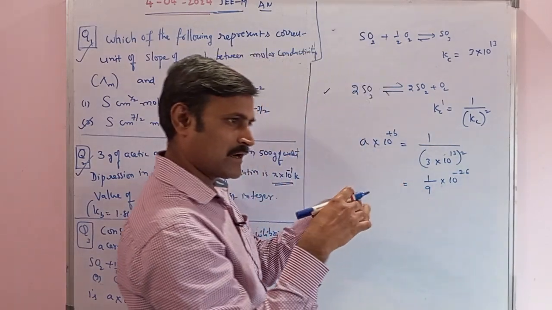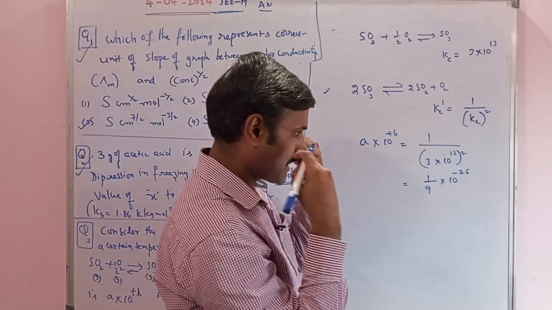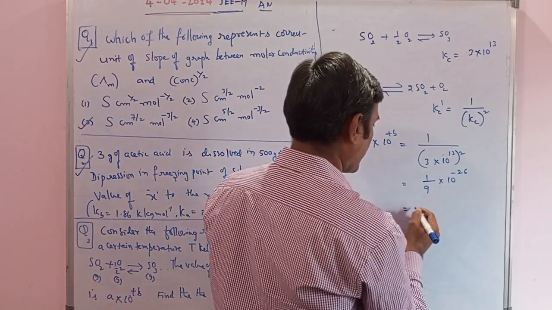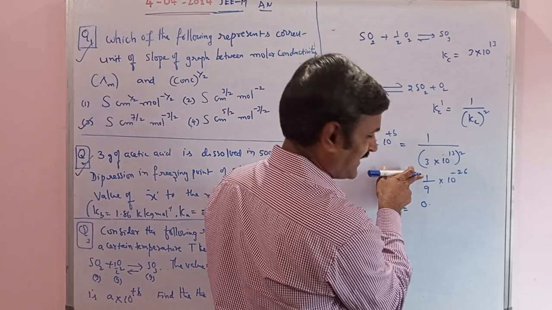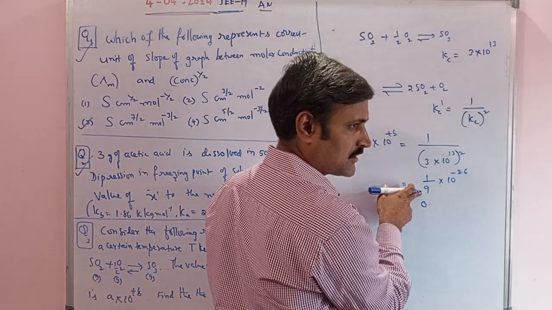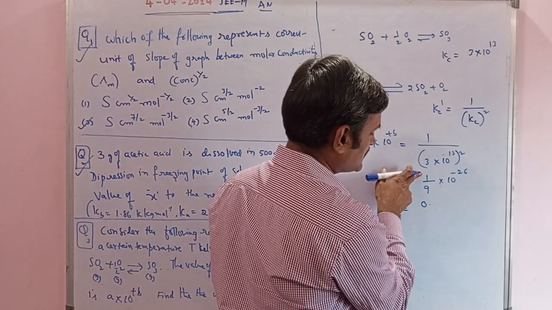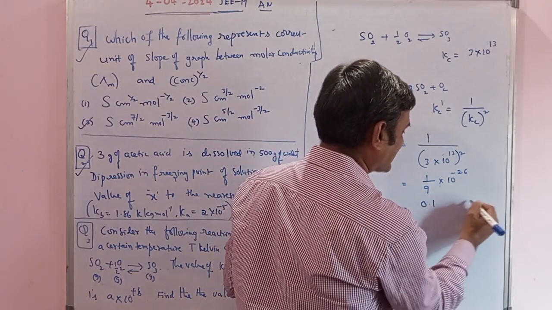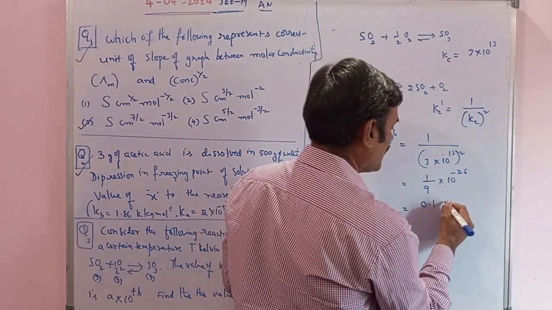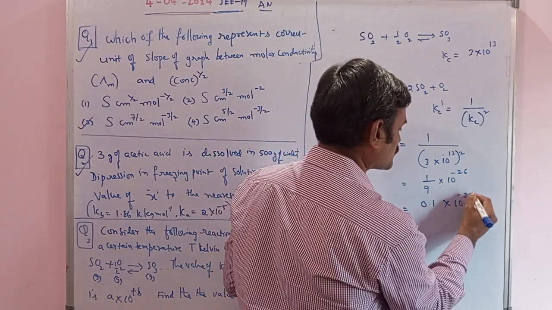Even that 1 by 9, I am considering as an approximation as 0.1, that is 10 if you consider, 9 if you consider, okay. This will become 10 power 0.111 like this, which is 1 by 9, into 10 power minus 26.